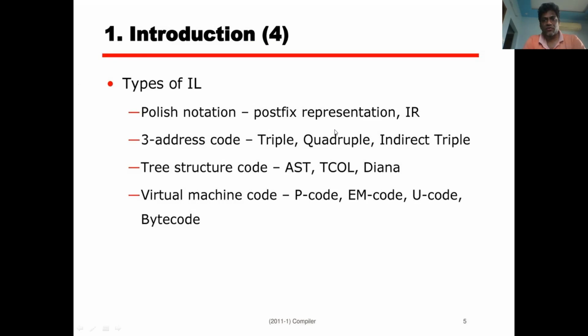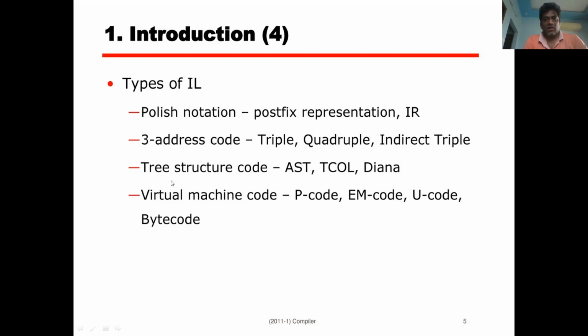We are going to focus on this only because it is available in our syllabus. The second one we are going to learn is three address codes, and several types of three address code representations, such as triple, quadruple, and indirect triple. We will learn all this.